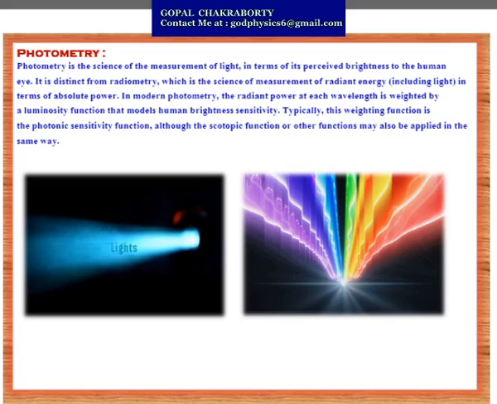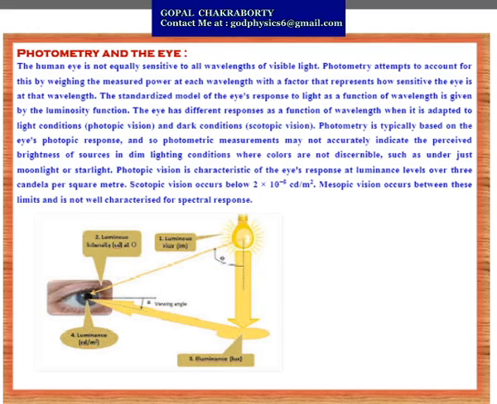Because the amount of brightness, the amount of light coming out, is completely different. So that means your eye plays a very important role in photometry, or in the measurement of the brightness of the source that emits light.